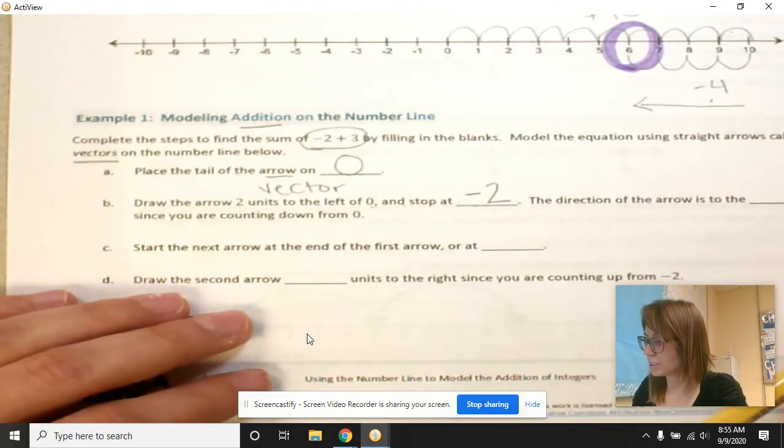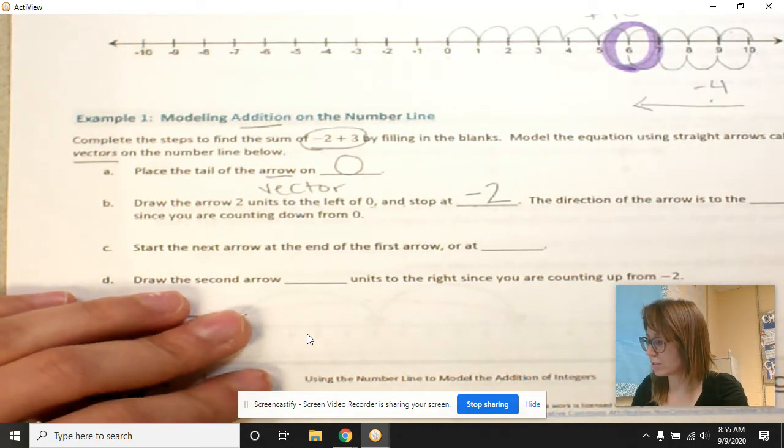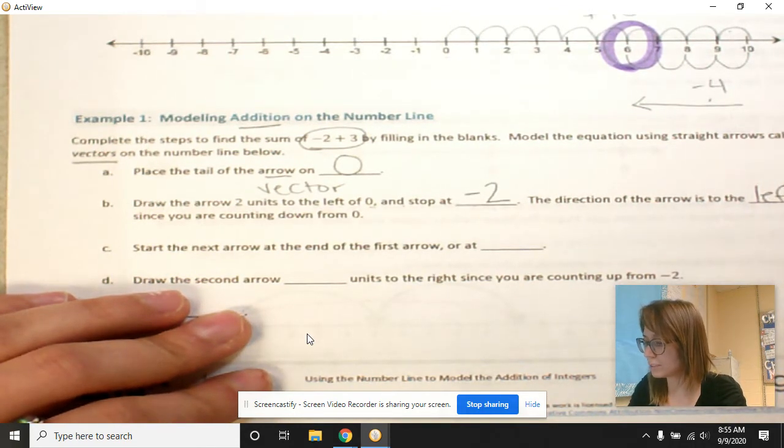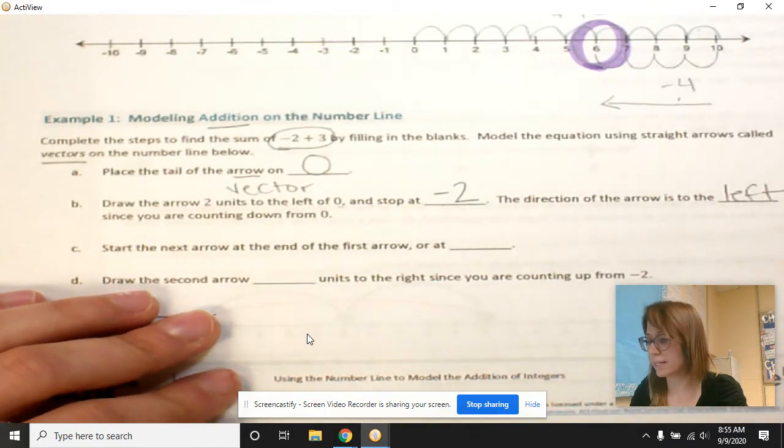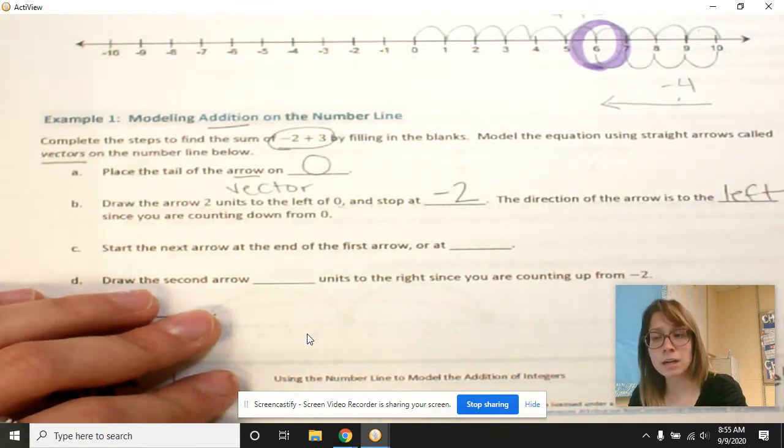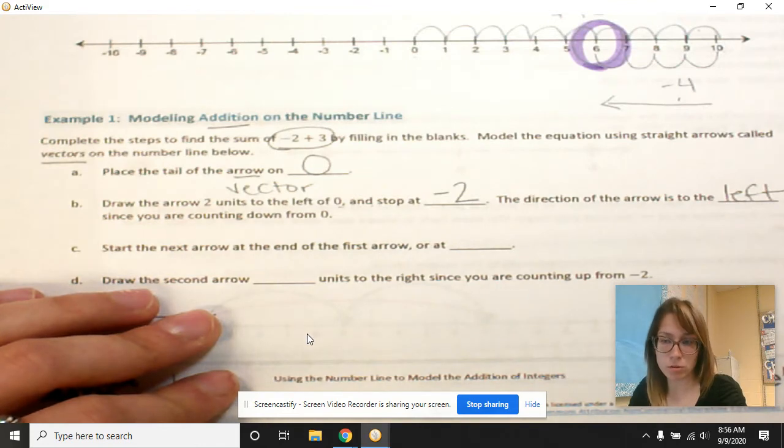We drew an arrow to the left since we were counting down from 0 to get to -2. You understand? At any time, if you don't understand, please leave a comment on this video so that we can get your questions answered.